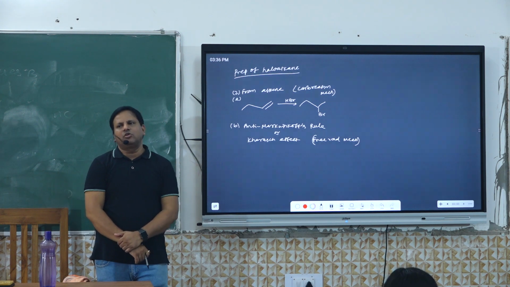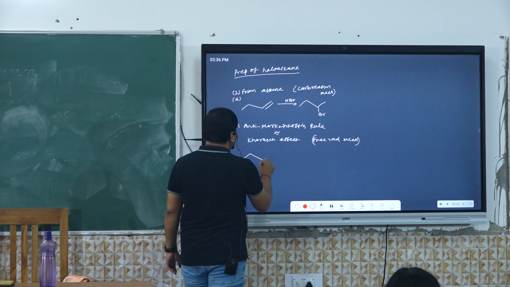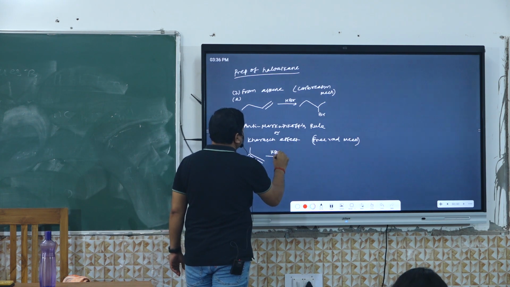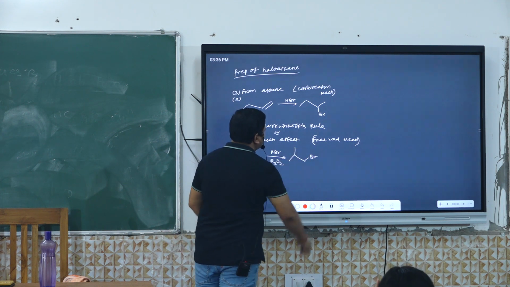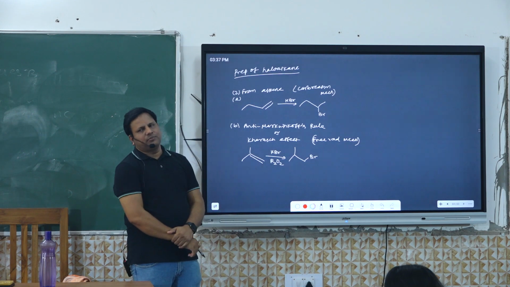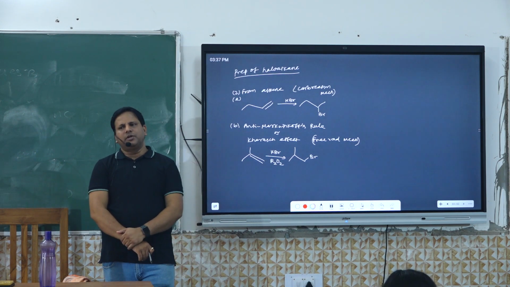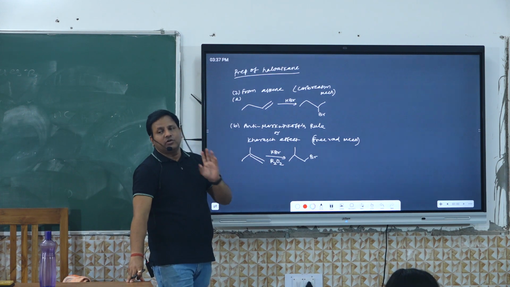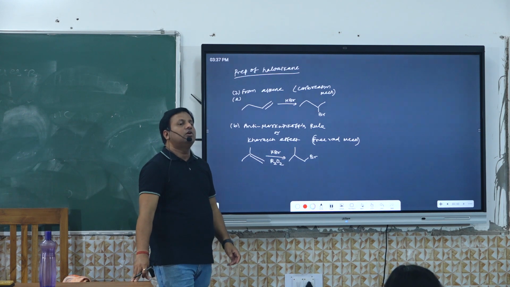Anti-Markovnikov addition is applicable only for the addition of hydrogen bromide, again in the presence of peroxide. Remember the mechanism; I will brief it. The peroxide will be converted to free radicals in the presence of sunlight or UV light.